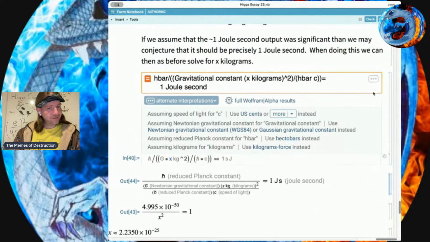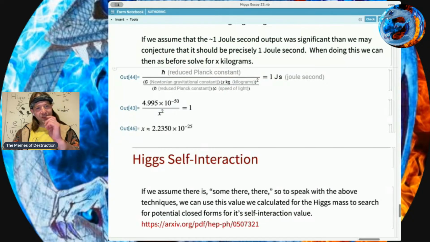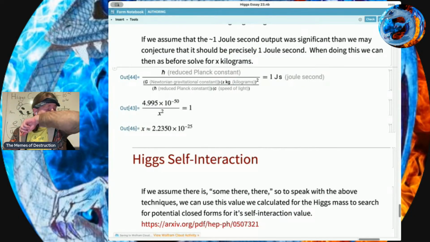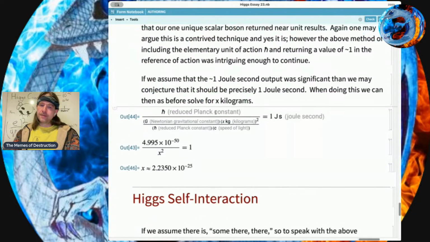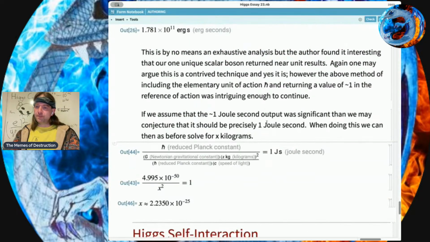Beautiful. All right, go back over here. So it's equal to 1.